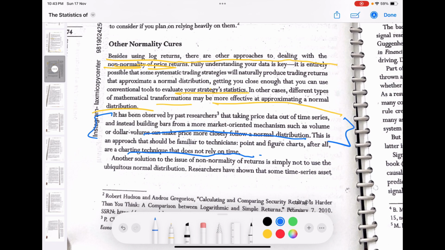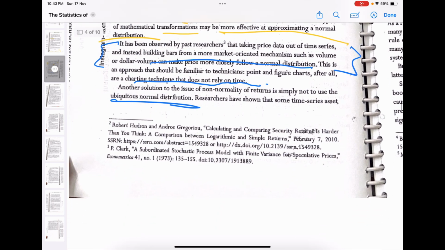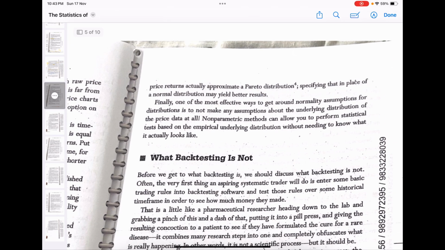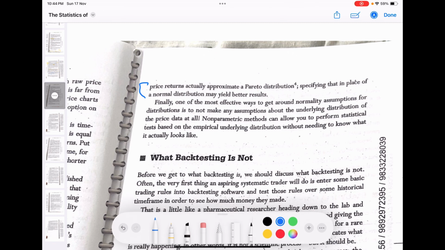Another solution to this issue of non-normality of returns is simply not to use the ubiquitous normal distribution. Researchers have shown that some time series asset price returns actually approximate a Pareto distribution, so specifying that in place of a normal distribution may yield better results. Some people use Pareto distribution instead of normal distribution.